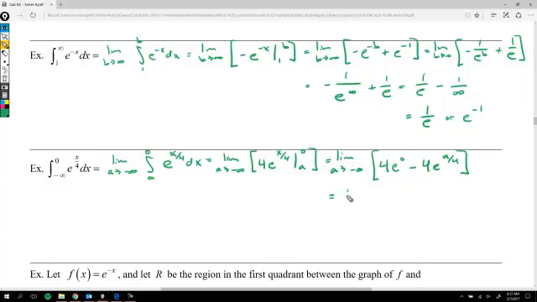So when I evaluate my limit, I get 4 minus 4e to the negative infinity. Now again, when you have a negative exponent, that means you have a fraction. And again, any number divided by a huge number like infinity goes to 0, so I'm just left with 4.